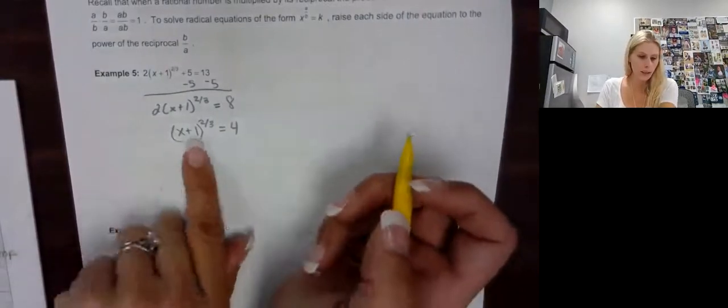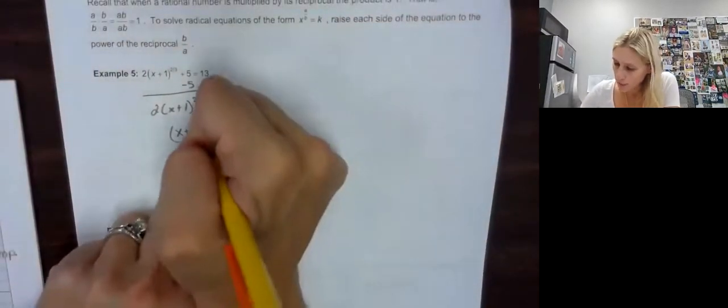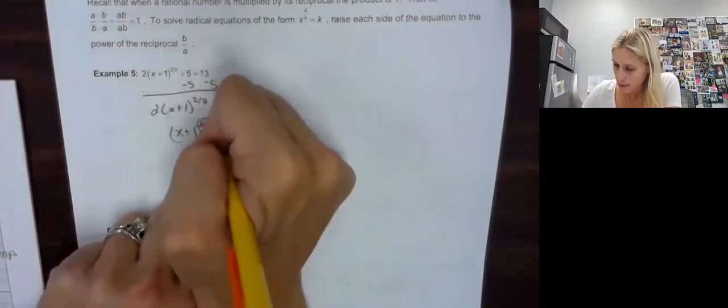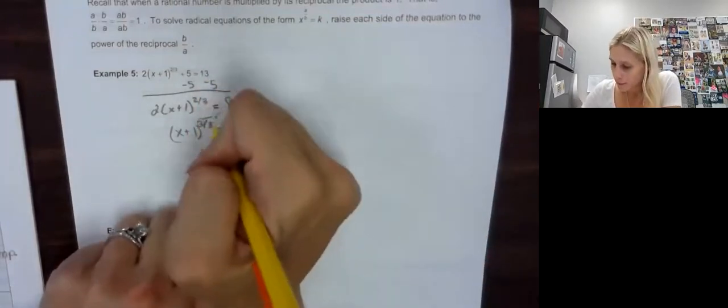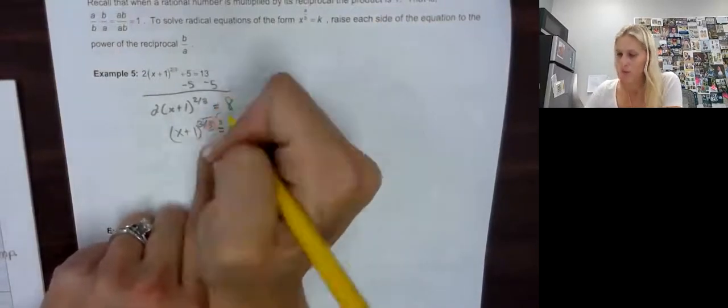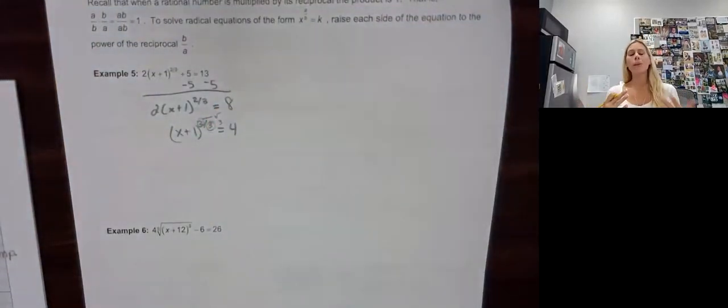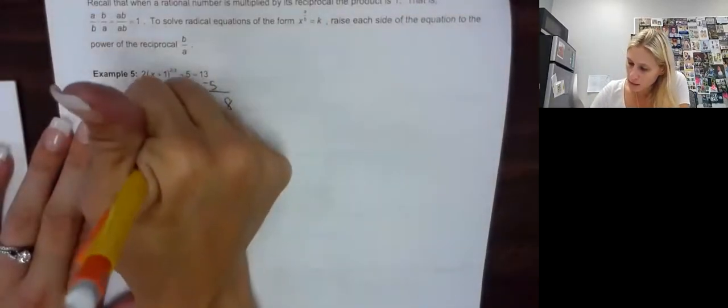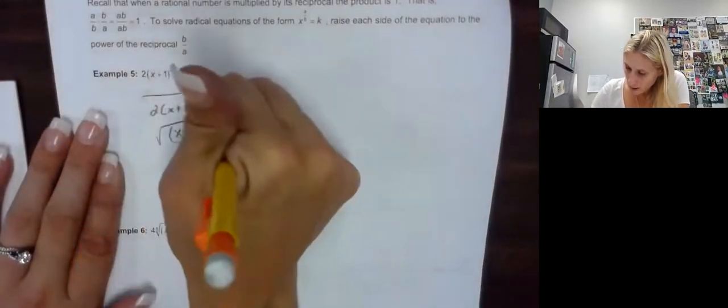So in other words, the 2, to get rid of a square, we take the square root. To get rid of a 1/3, we do to the power 3. So I'm going to do this separately. I like 4 as a perfect square to break it down smaller so it's easier to cube it. So I'm actually going to take the square root of both sides.